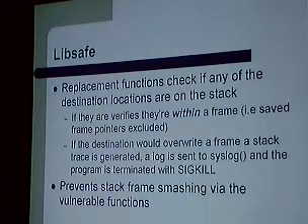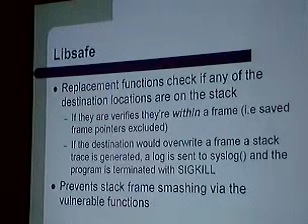So the stack frame holds the saved return address and the saved EBP. So they make sure that you can't override those things, and the idea is that if you can't override that, then you can't redirect execution, and thus you can't exploit the problem. So when they detect a stack frame override, they generate a trace, send a log to syslog, and the program's terminated.